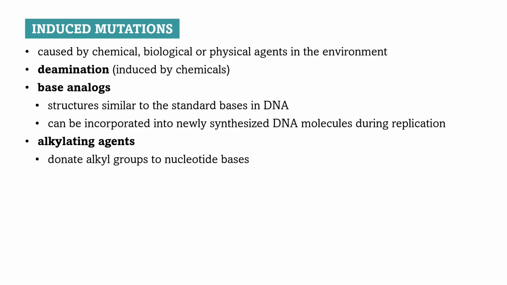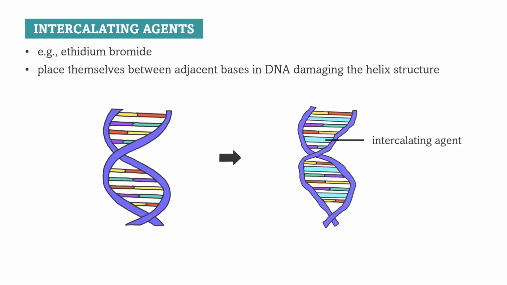Chemicals referred to as intercalating agents, for example ethidium bromide, place themselves between adjacent bases in DNA and damage the helix structure, causing insertions and deletions in replication that often result in severe frameshift mutations.